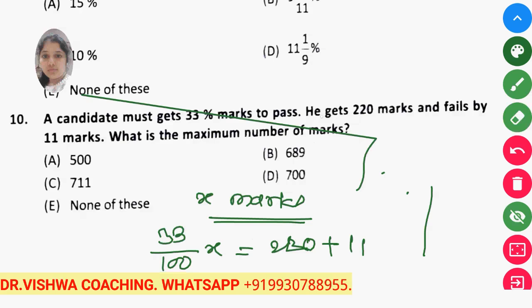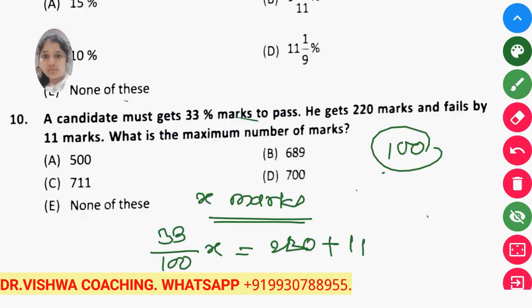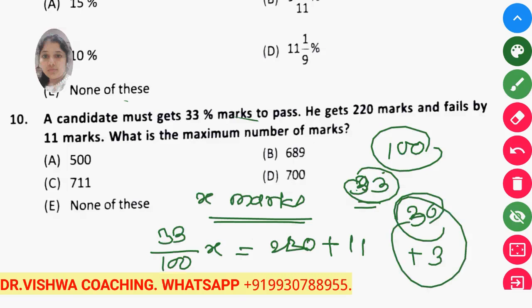Understood? Because 33% is needed to crack the exam. So if the exam is of 100 marks, a student must get 33 marks to pass it. But if he gets something like 30, he fails by 3 marks.